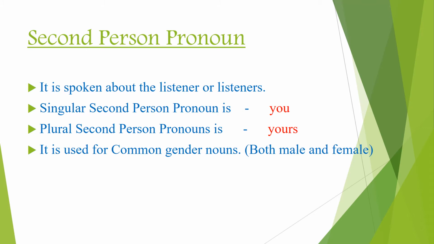So the second person pronoun singular and plural is you and yours. These pronouns again can be used for common gender nouns. So you can use these second person pronouns both for male as well as female.